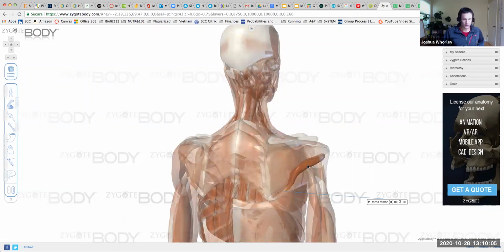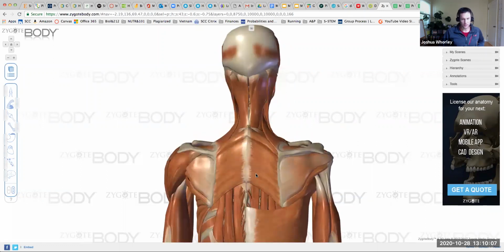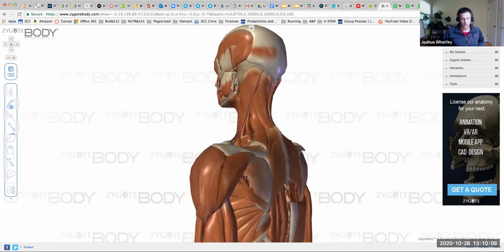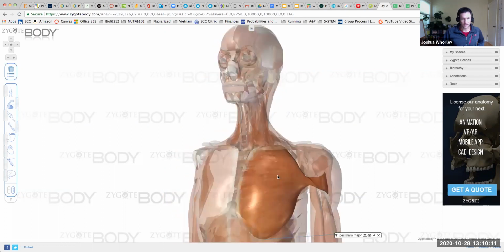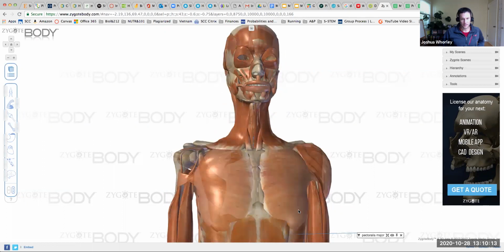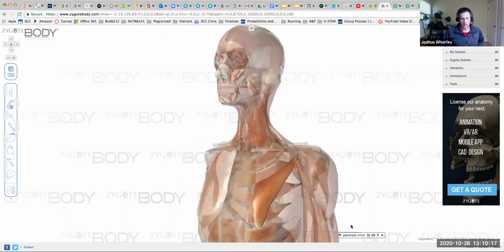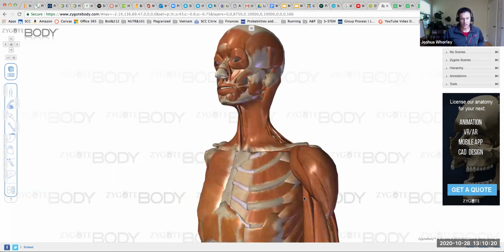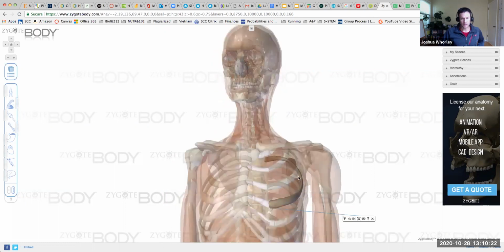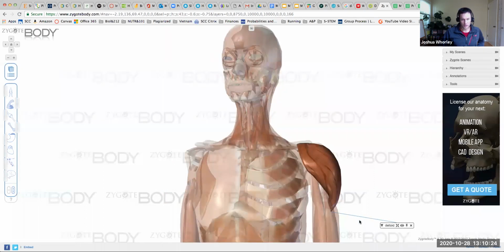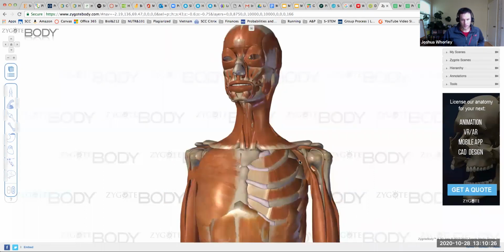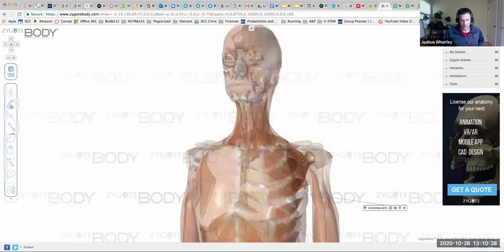And then we have our subscapularis, which is probably the toughest one to see. So this one, we might have to take off everything in order to see it. This one has its origin on the subscapular fossa. So there it is, I believe. Yeah, subscapularis.